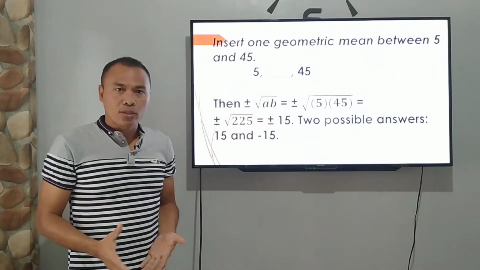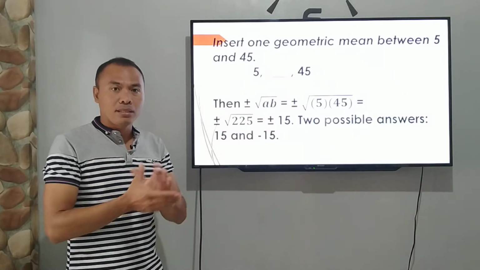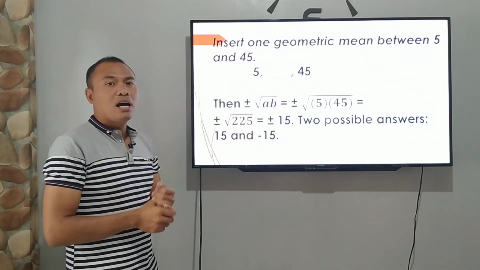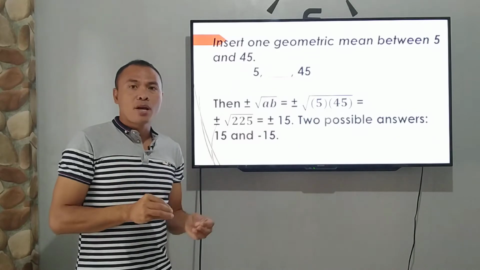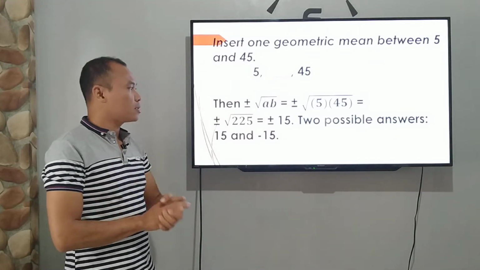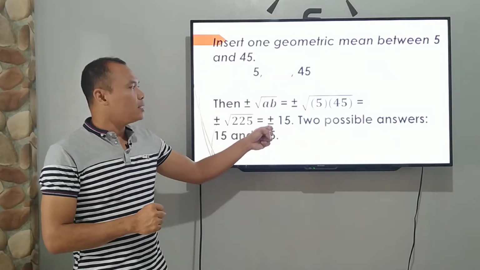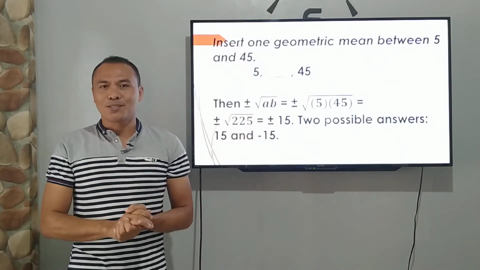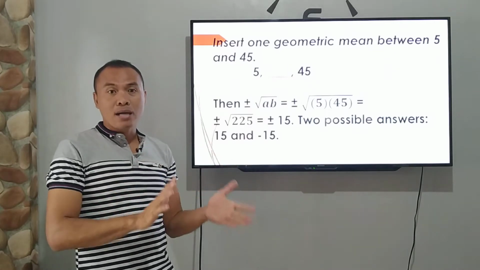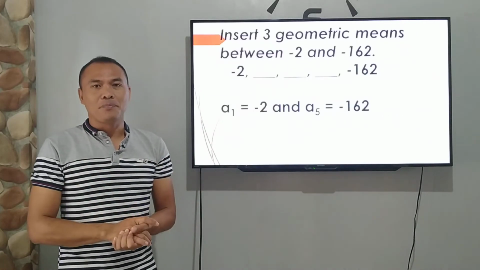You can use your calculators para mas lalo nyo mapabilis at maintindihan yung ating lesson. And actually, you can also use your cell phones, pero mas preferably scientific calculators. So, the answer is positive, negative 15. Yun ang ating magiging sagot. So, it can be dalawang sagot sa isang tanong.